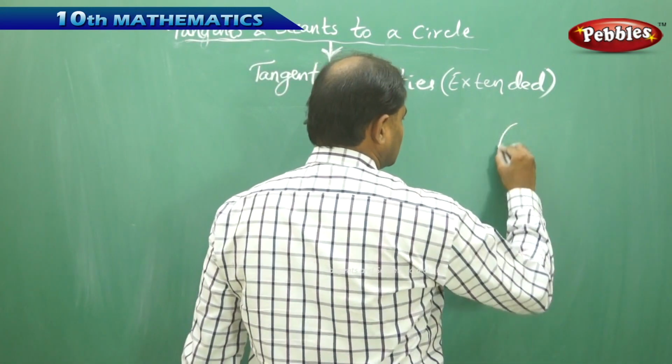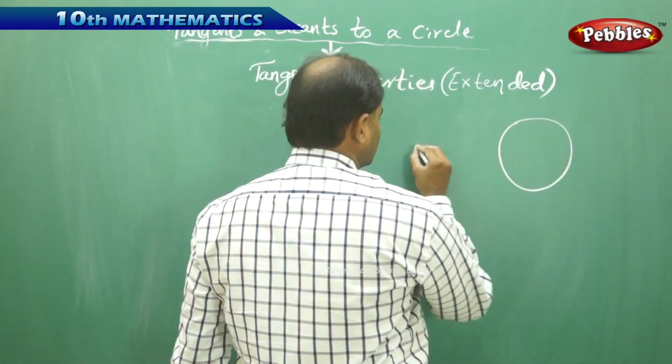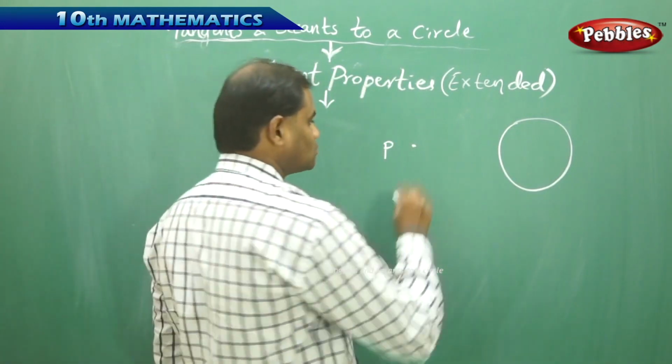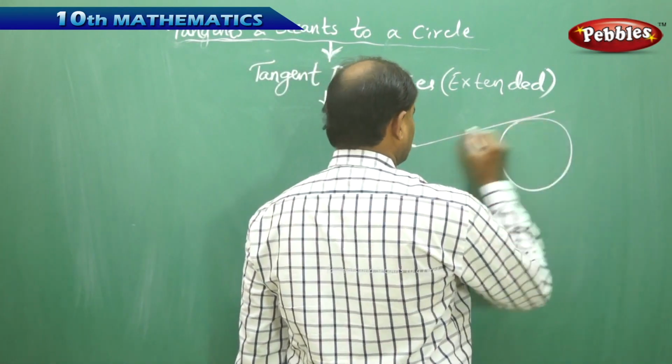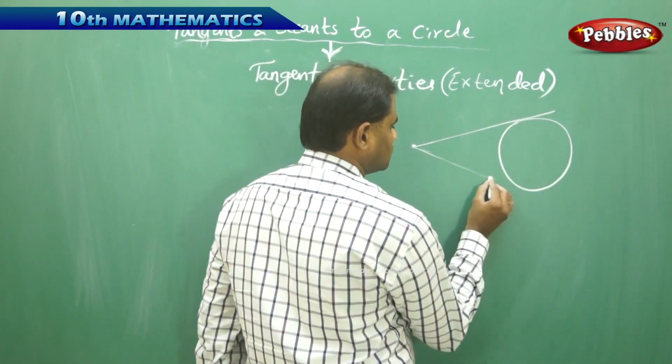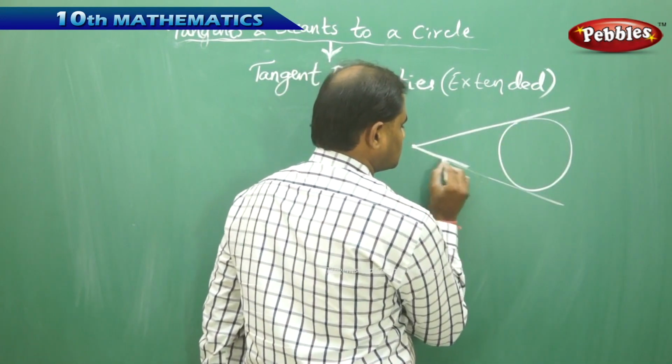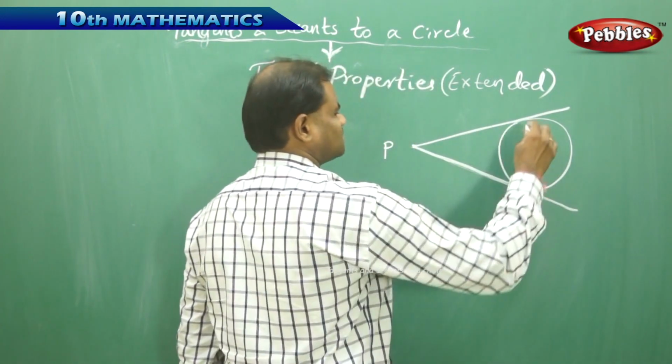if I have a circle with an external point P, then I can draw two tangents. So let's draw the two tangents to the circle, one of them here and one of them here, this and this.